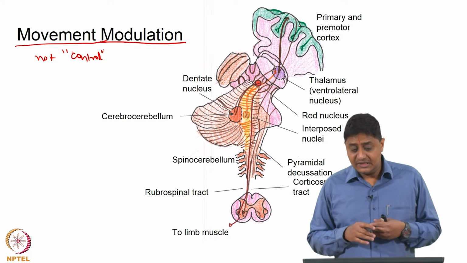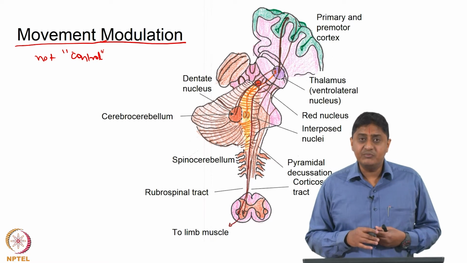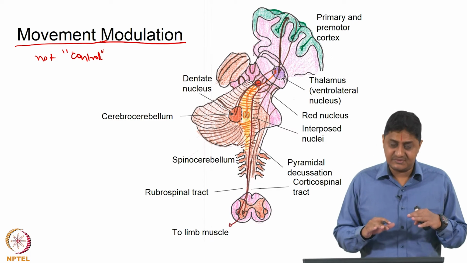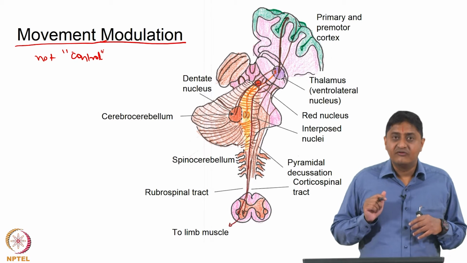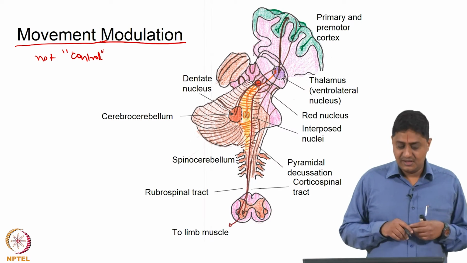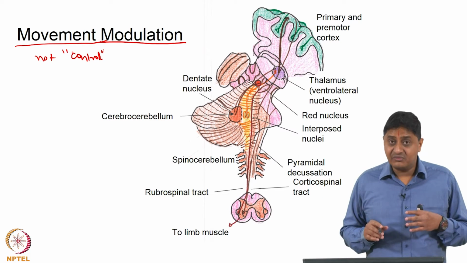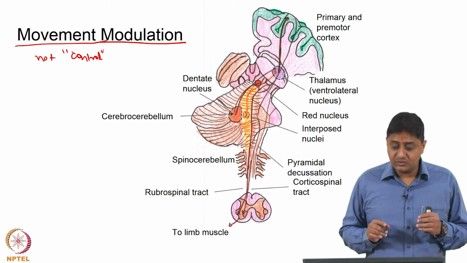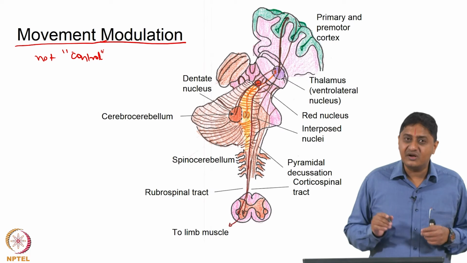Let us also remember that the spinal neurons receive inputs from multiple descending systems, from the red nucleus, from the reticular formation, from the cortex, from the vestibular nucleus and so on and so forth. So, the inputs from the cerebellum can only modulate the outcome to some extent, but not control.